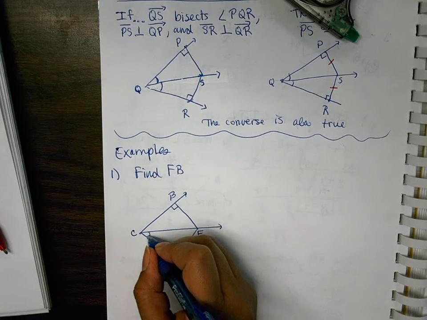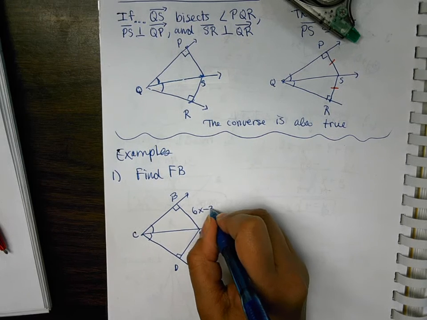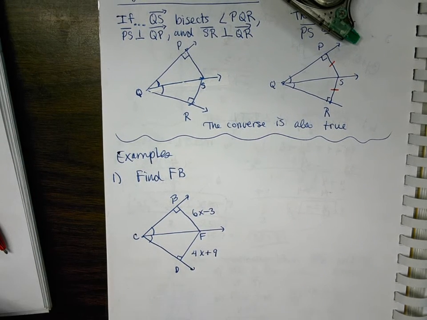And I'm going to mark those two angles. There's more, but just write this down for now. Okay. This is 6x minus 3, and this is 4x plus 9.